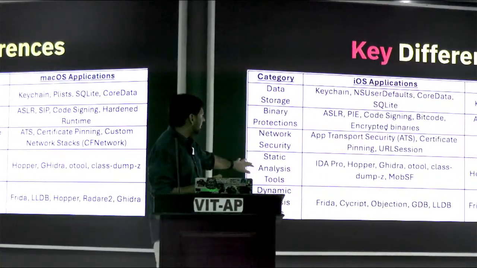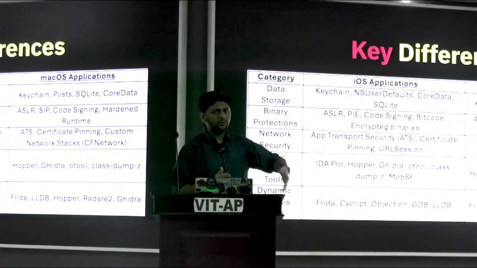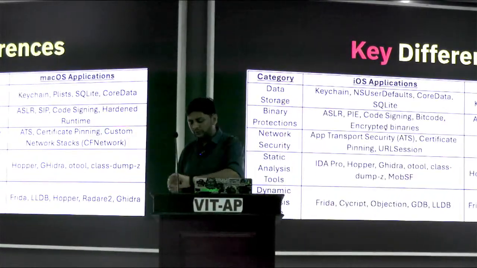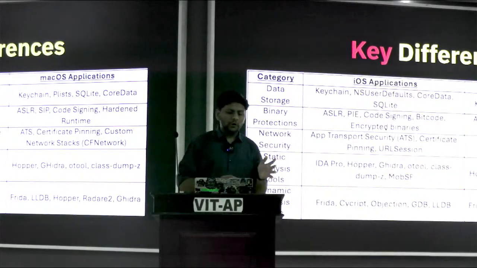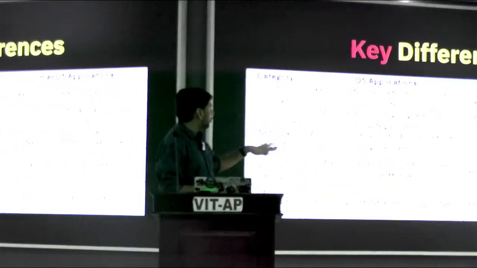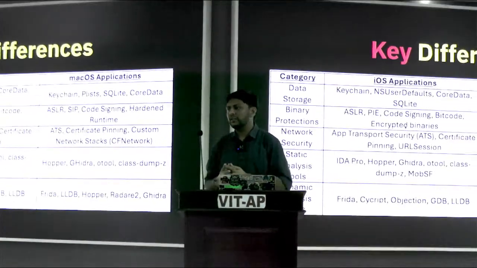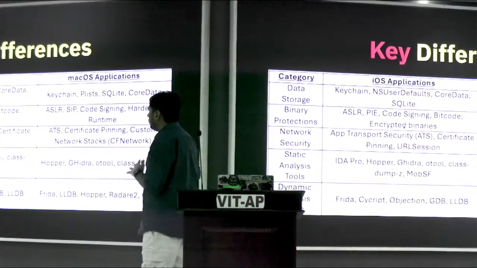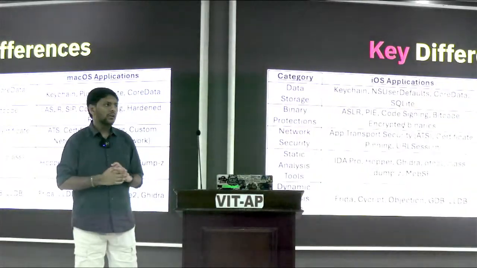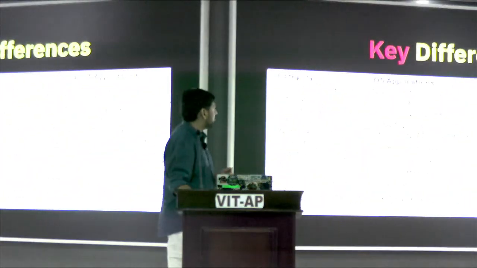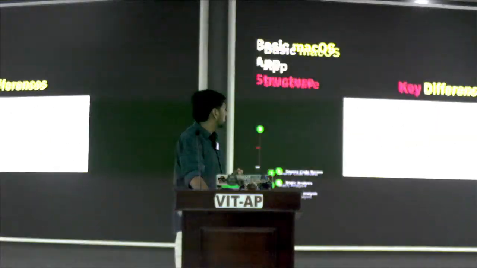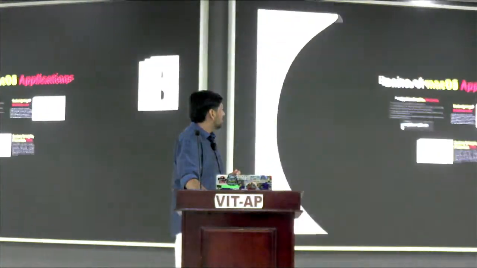Besides that, some of the tools we can use are Hopper, Ghidra, OTool, ClassDump, Frida, LLDB, etc. These are some of the tools that can be used to perform various types of testing. Moving on.